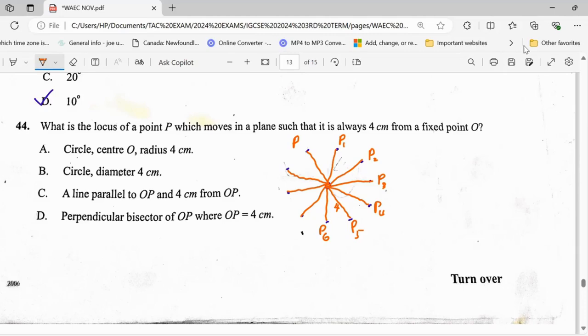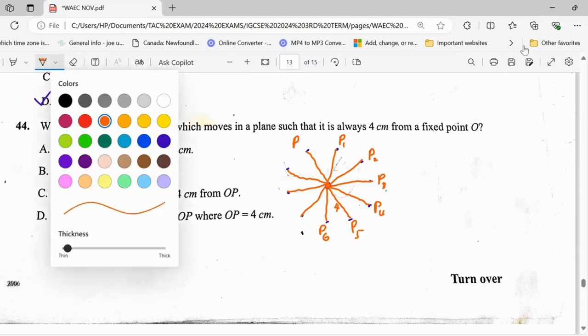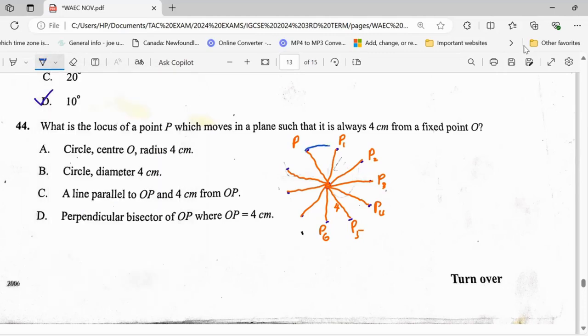When we take the locus, that is the track made by P, the track will form a circular pattern. So we will now define this locus as a circle center O, radius 4 centimeters, which is option A. So option A is the appropriate answer to this question.